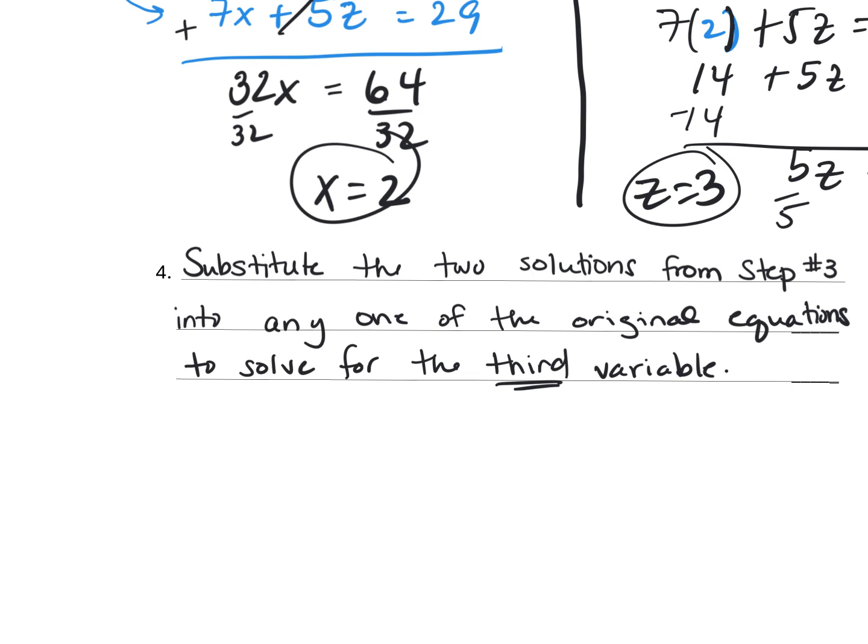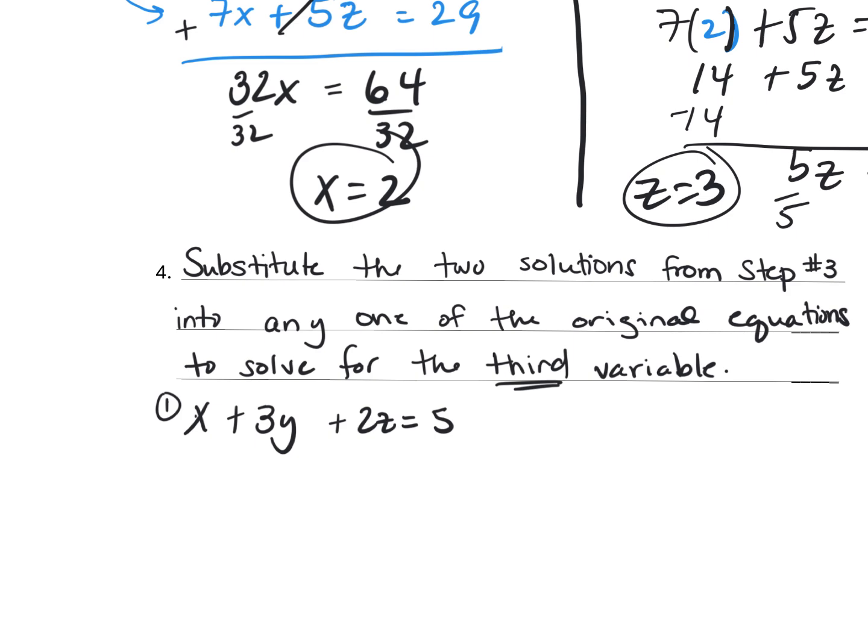Doesn't matter which one you choose, 1, 2, or 3 from the example above. So I'm actually going to choose number 1, just because. So I chose equation 1, and I have x plus 3y plus 2z equals 5.